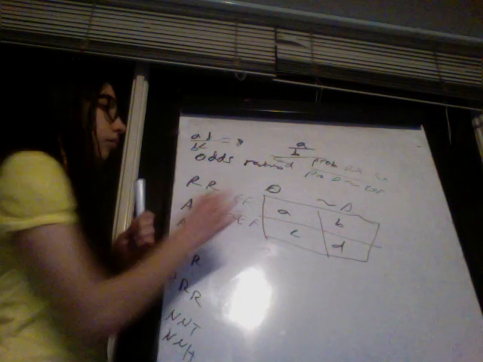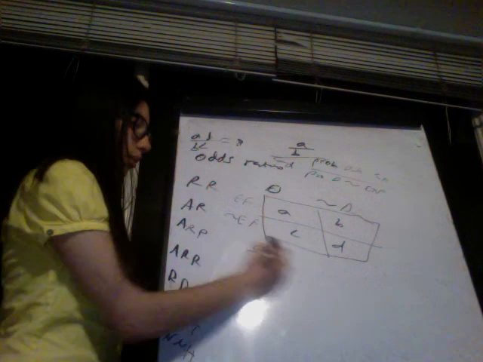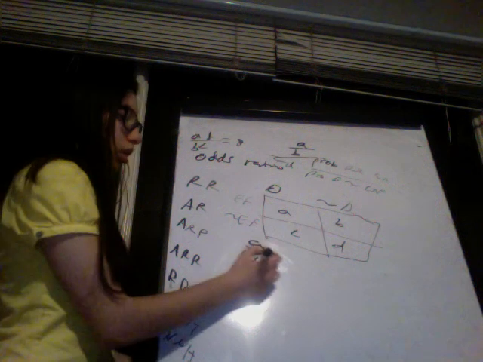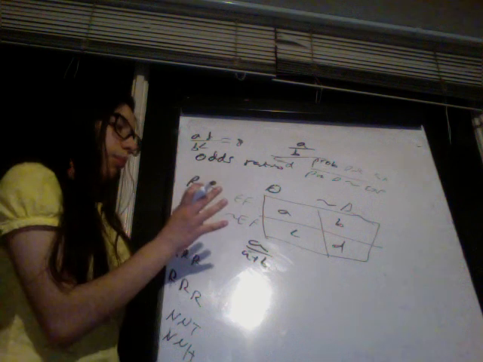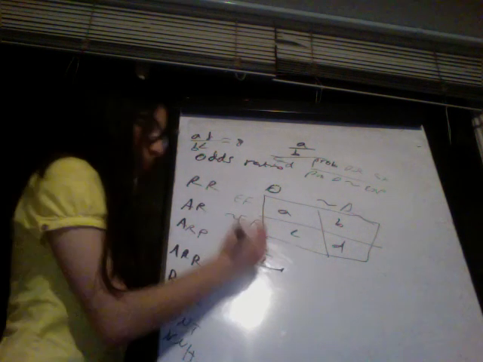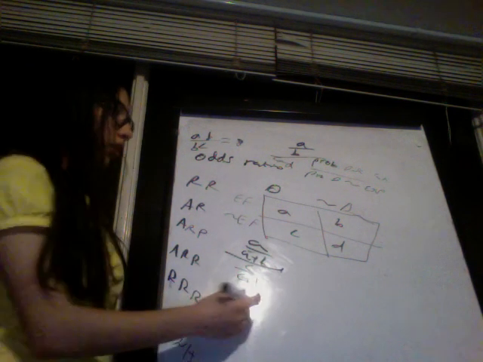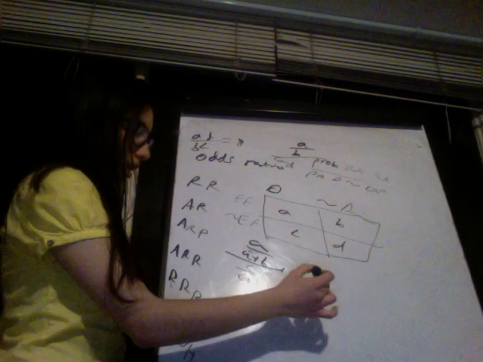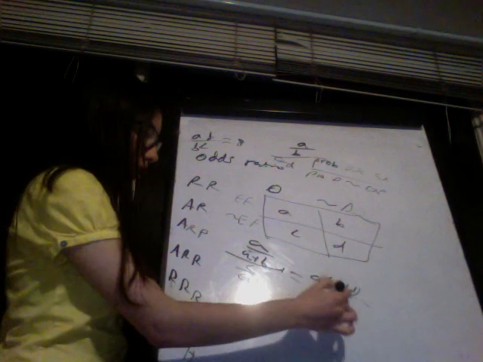So here, risk of having the disease in the exposure group is A divided by A plus B. And the risk of having the disease in the non-exposed group is C divided by C plus D. So the relative risk is A times C plus D divided by C times A plus B.